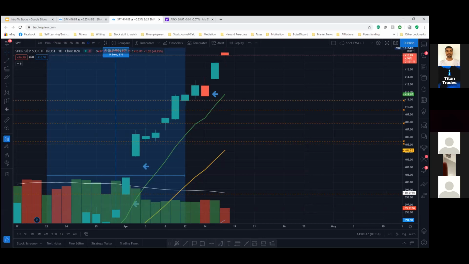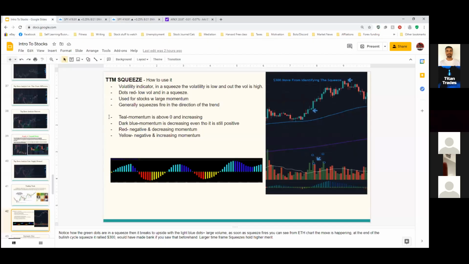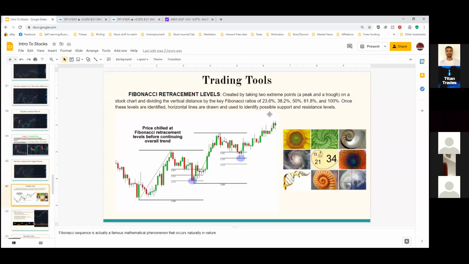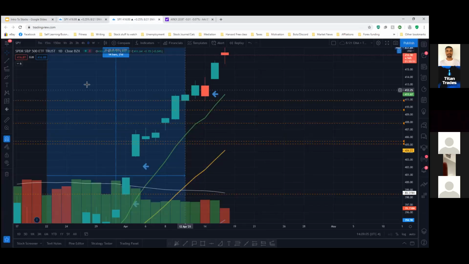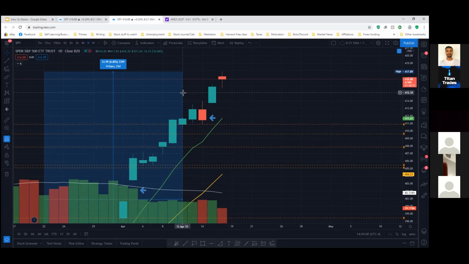Yeah, so soft and hard resistances. So the different Fibonacci levels, as I said before, the ones of real merit are 23.6, 38.2, 50, 61, and 100. The 61.8 and 50% hold one of the largest merits for the Fibonacci.